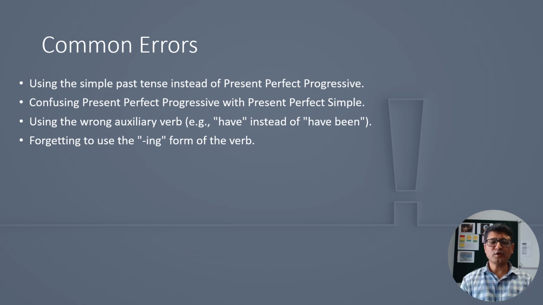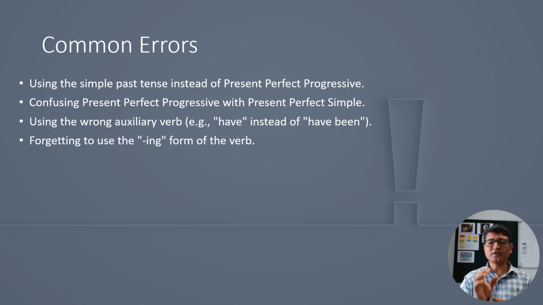Now, what are some common errors that we make in the use of it? Sometimes people use simple past tense instead of present perfect progressive. Both these tenses have different meaning. Simple past is used when the action started in the past and finished in the past, right? Whereas in present perfect progressive, the action continues. It is an ongoing action.